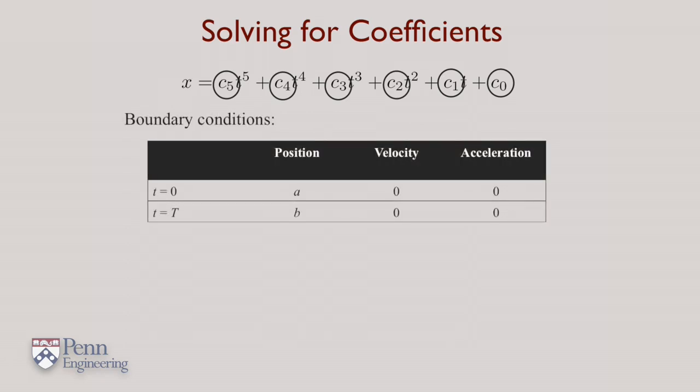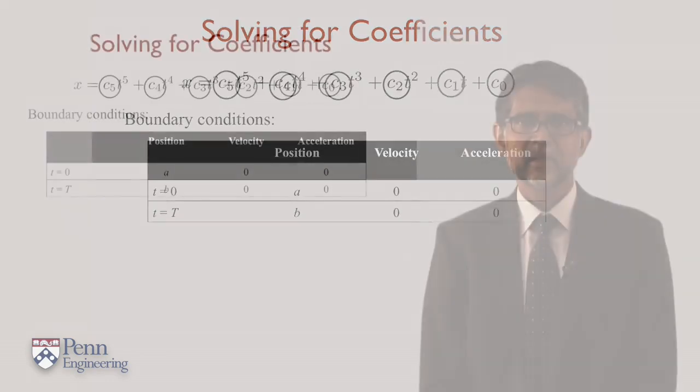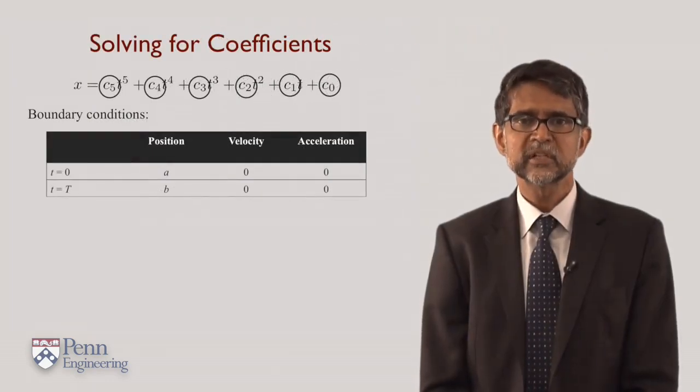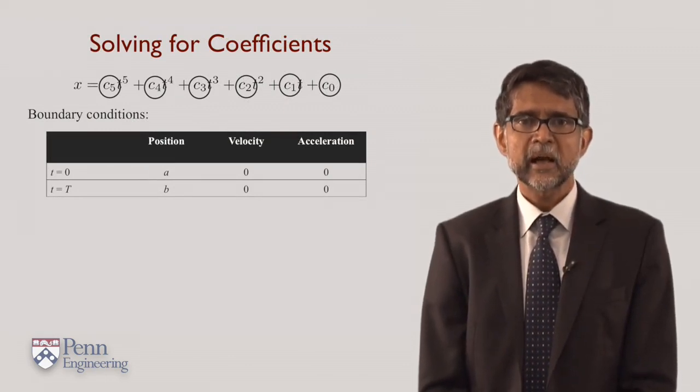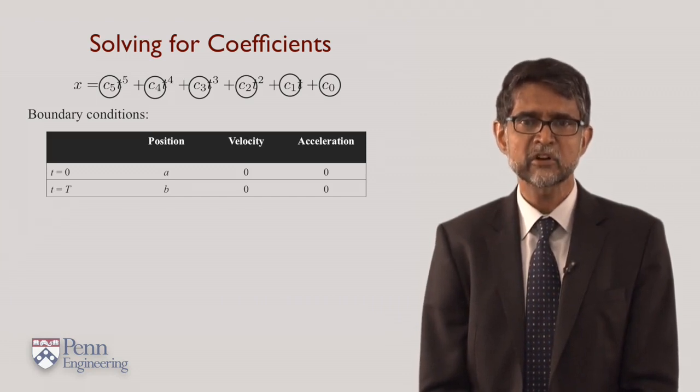In order to solve for these, you need to specify additional boundary conditions. We've assumed that we know the position at the start position and the end position. Now let's also assume that we know the velocities. And in this case, I've just assumed that these velocities are 0. In addition, let's assume we know the accelerations, and again assuming these accelerations are 0.